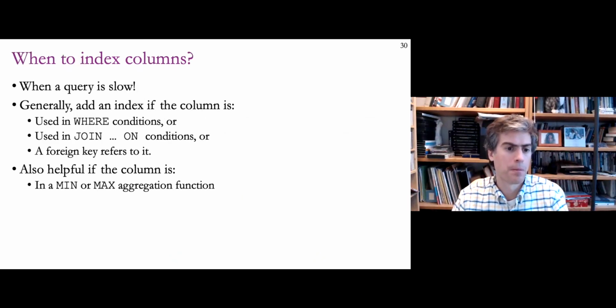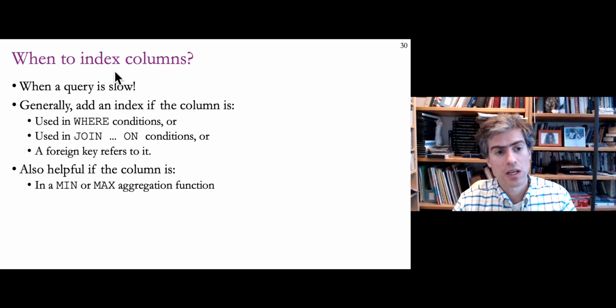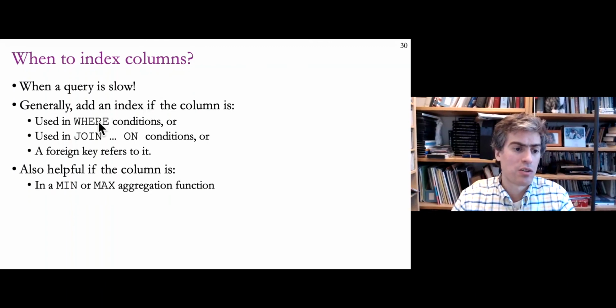Okay, these are all kind of more advanced topics. You need to decide. So when designing the schema, you can choose which columns to index. If a query is slow, then you can try to add an index to make it fast. Generally, if you're using where conditions, which are filters, then indexing on the column within the where condition will make it faster.